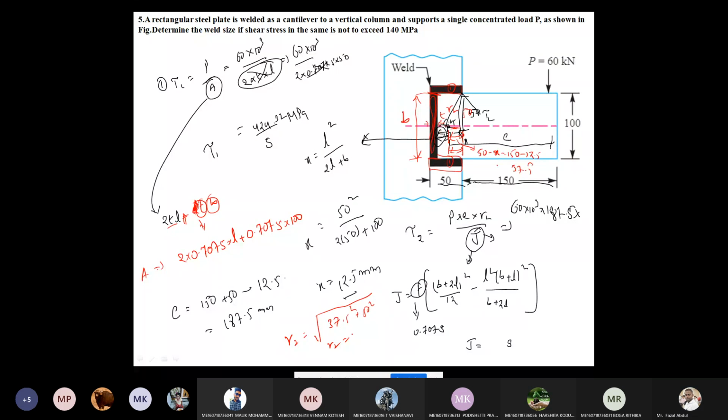Very good. So R2 we calculated. Substitute the R2 value here, 62.5. The J value, how much did you get? Tell me the J value.